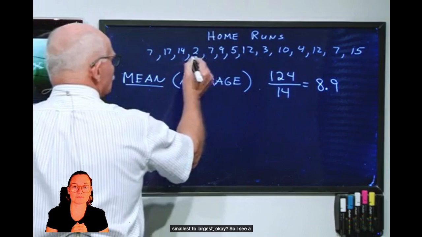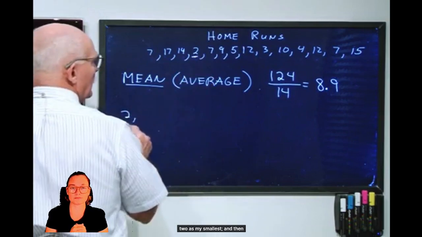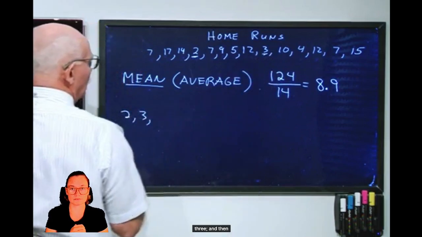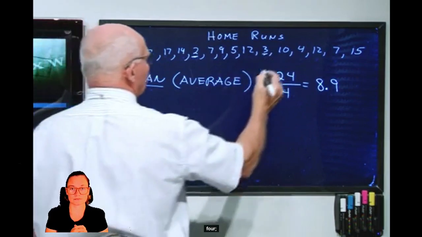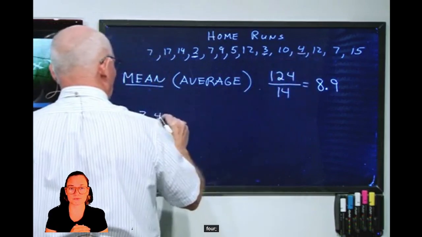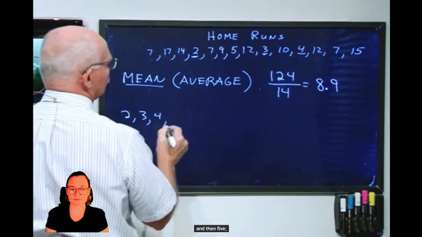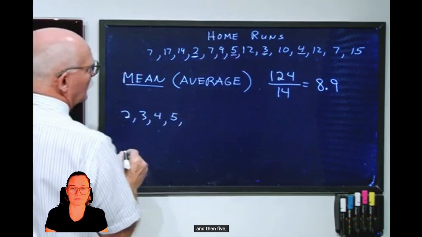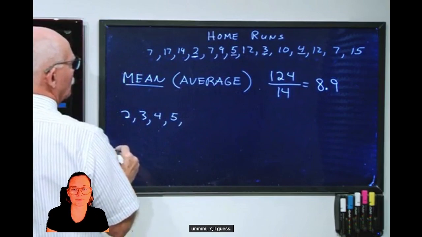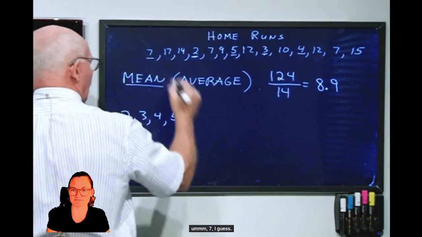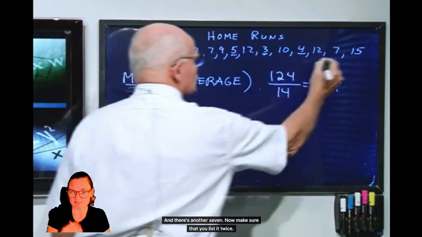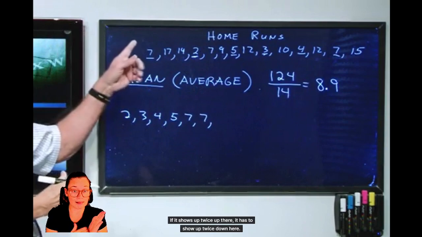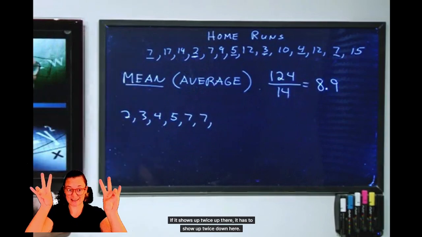So I see a 2 as my smallest, and then 3, and then 4, and then 5, 7, I guess, and there's another 7. Now make sure that you list it twice. If it shows up twice up there, it has to show up twice down here.